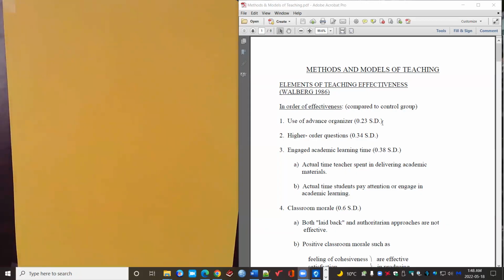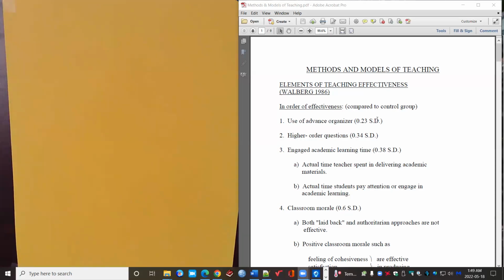Using achievement test scores, for use of advanced organizer, the group scored 0.23 standard deviations better than the control group, which was not given advanced organizer.